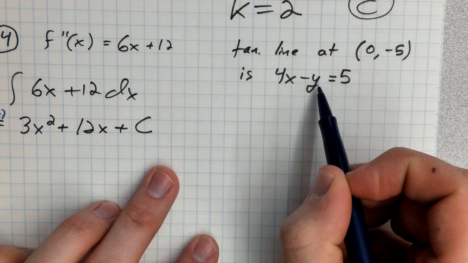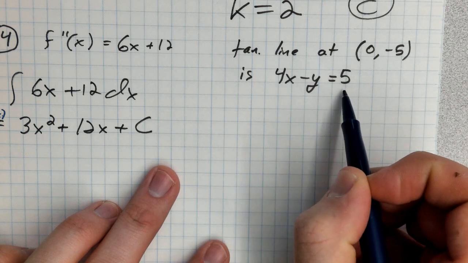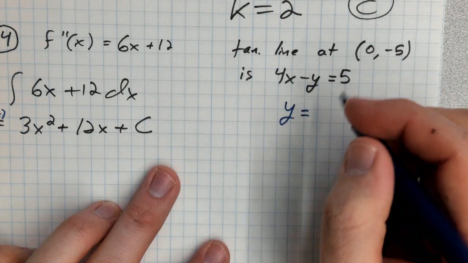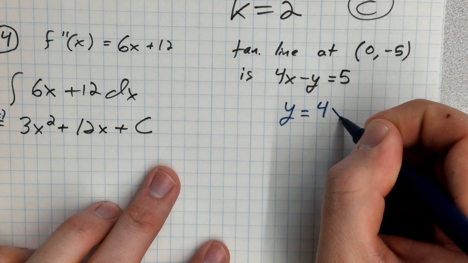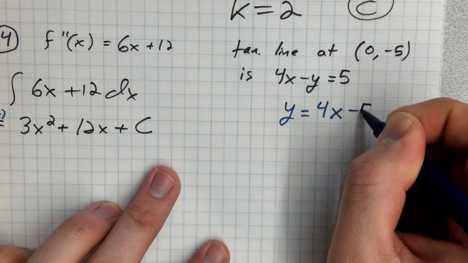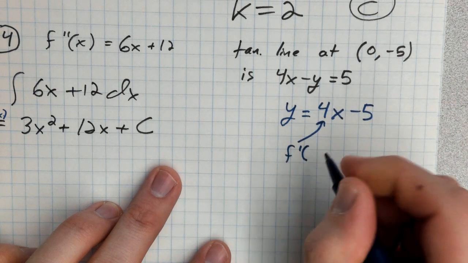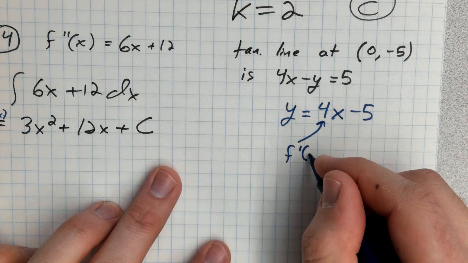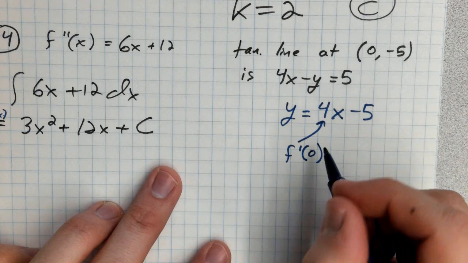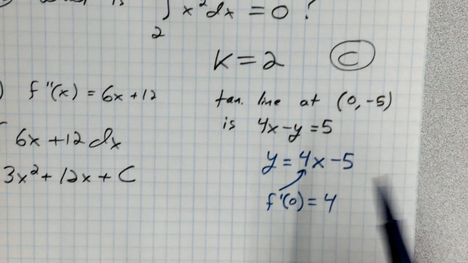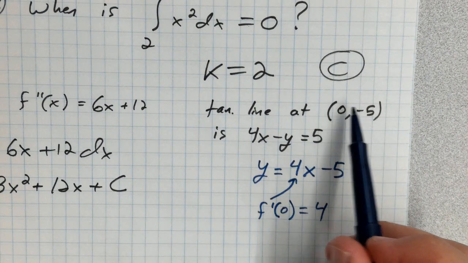So if I solve this for y, I'd add y to the other side, and then I would subtract 5. So I get y is equal to 4x minus 5. This turns out to be f prime of 0. Right? F prime of 0 is equal to 4 because that's the tangent line at 0, negative 5.